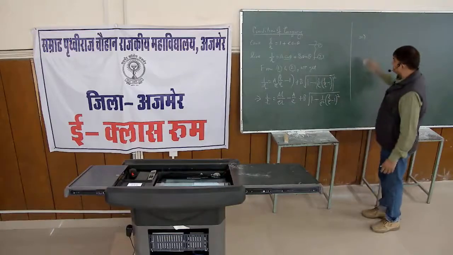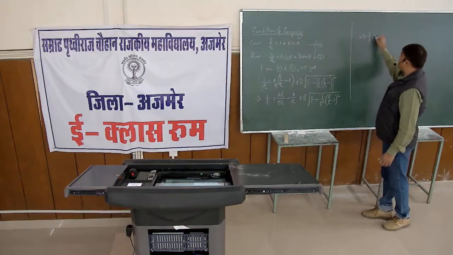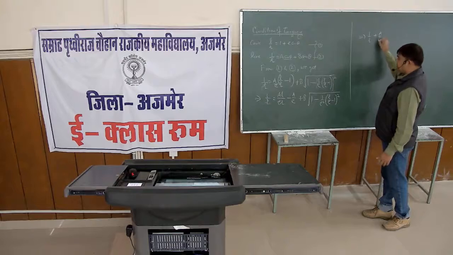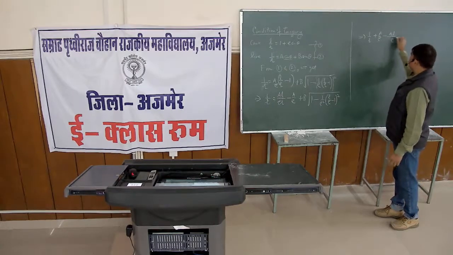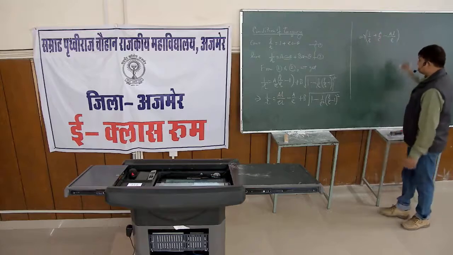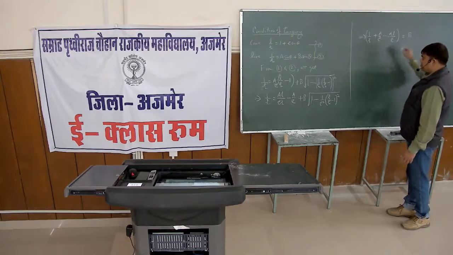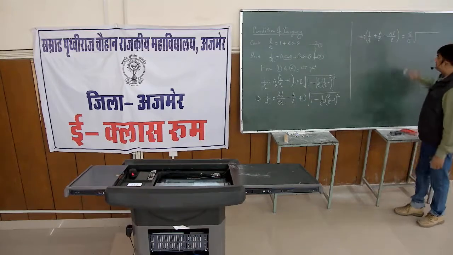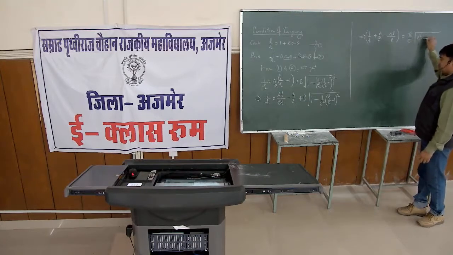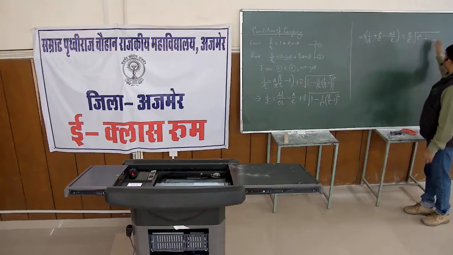Transpose the term. 1 upon r plus A by e minus AL upon e equals B by e root e square minus (L minus r) whole square.